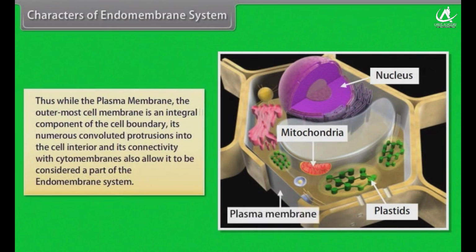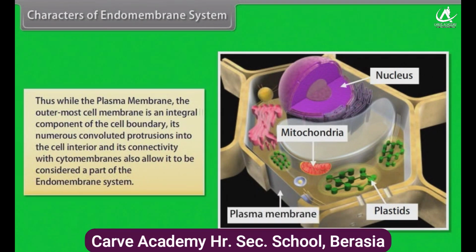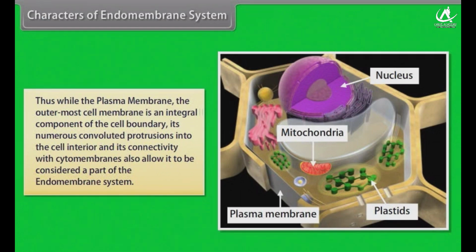Thus, while the plasma membrane, the outermost cell membrane, is an integral component of the cell boundary, its numerous convoluted protrusions into the cell interior and its connectivity with the cytomembranes also allow it to be considered a part of the endomembrane system.